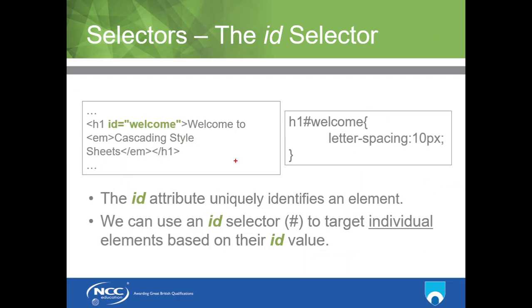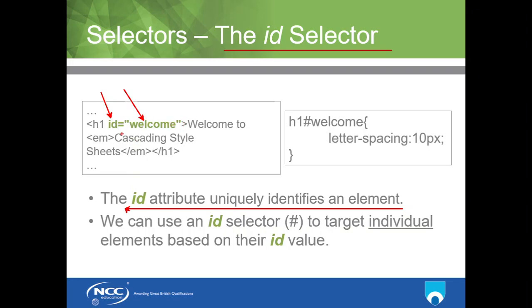The second one that is important is the ID selector. The ID attribute uniquely identifies an element. This is how we include the ID attribute: ID is equal to welcome. So for this H1, ID is equal to welcome.